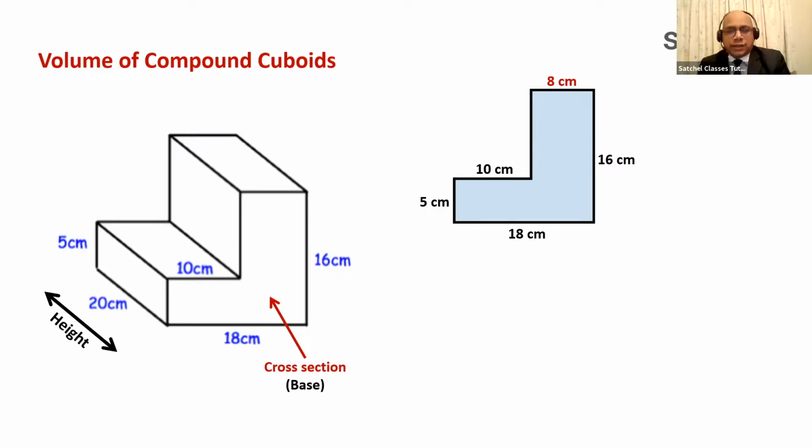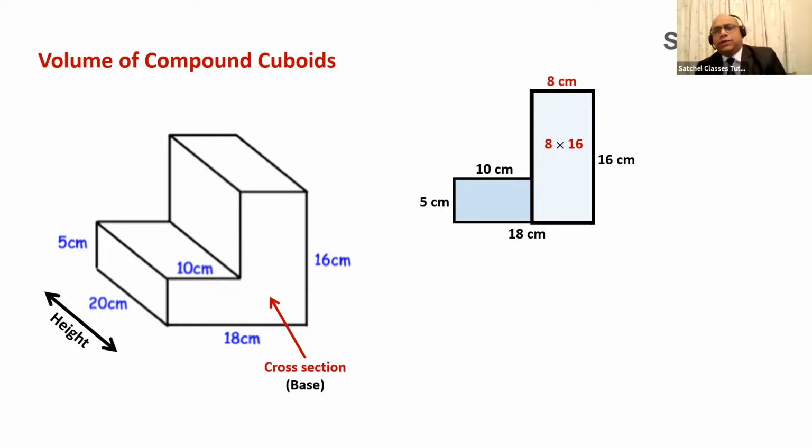And now with this, we can find the area of this compound shape. For that, we need to divide this into two rectangles. Let's first find the area of the smaller rectangle, which is the one on the left. That has a length of 10 centimeters and a width of 5 centimeters. So the area of that rectangle would be 50 centimeters squared.